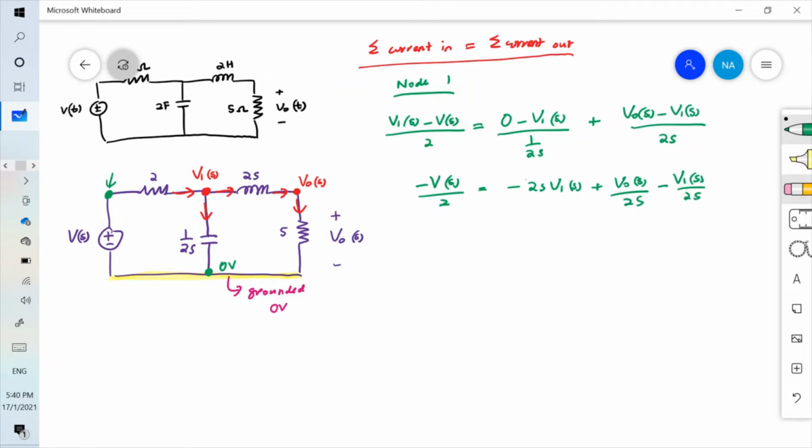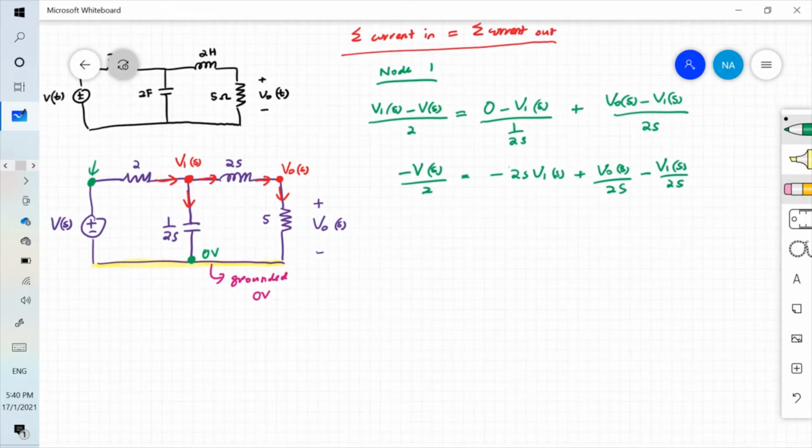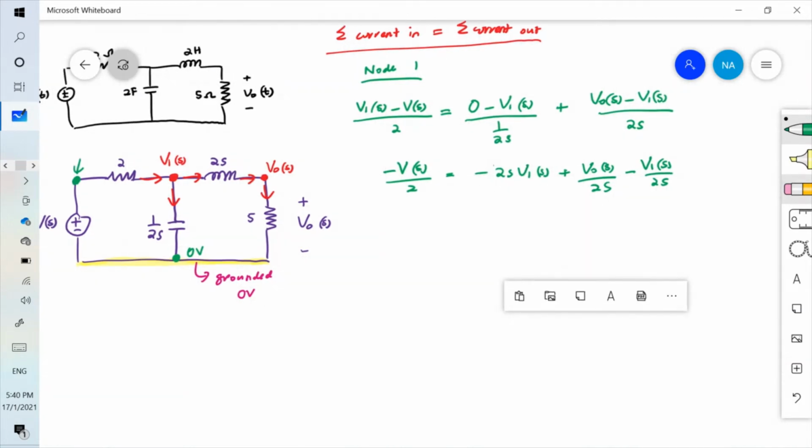Negative Vs over 2 equals negative 2S V1S plus V0S over 2S minus V1S over 2S minus V1S over 2. Don't forget the terms on the left that have been brought to the right.